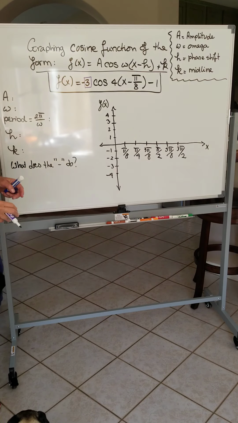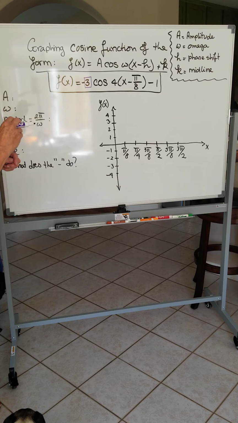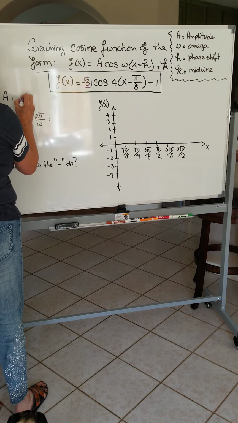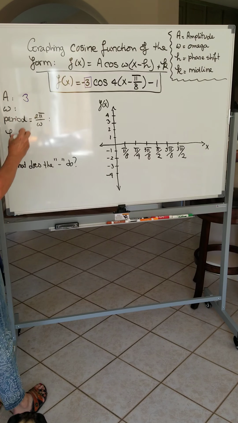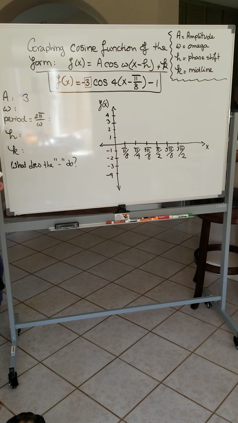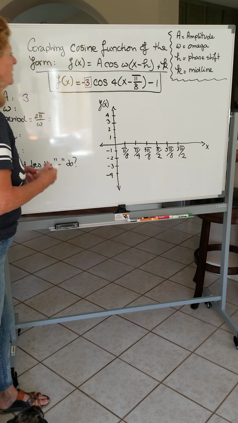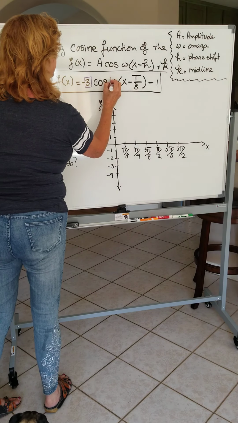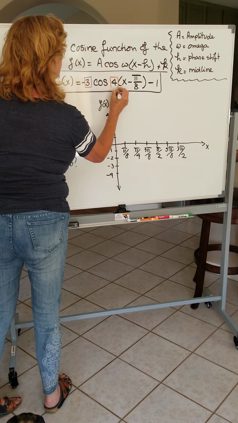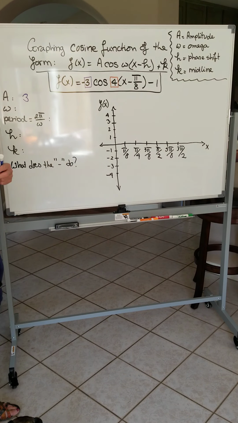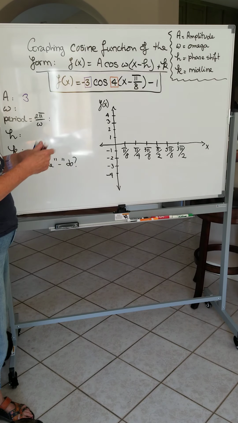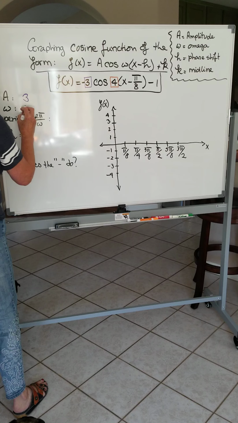I see a number that my cosine is multiplied by, and that is my amplitude. So my amplitude is 3. My omega. Omega is the number in front of the leading coefficient of your variable x, of your independent variable. And in this case, as we have looked at before, it's factored out of my expression, and my omega is 4.